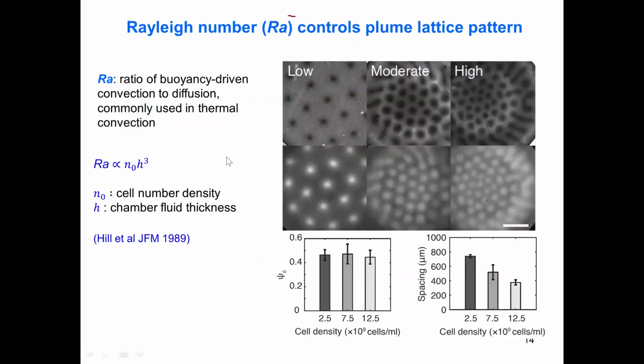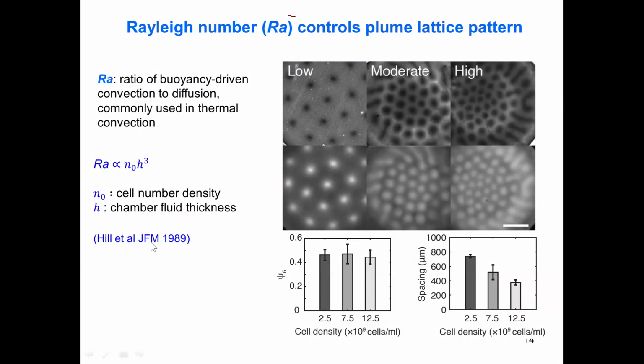Then we looked at how the system's parameters control this pattern, the self-assembly of these active plume lattices. An important parameter in bioconvection is the so-called Rayleigh number, which is defined as the ratio between buoyancy-driven convection and diffusion. This dimensionless number was borrowed from the study of thermal convection, like Rayleigh-Bénard convection.